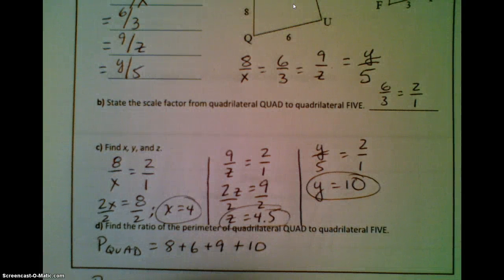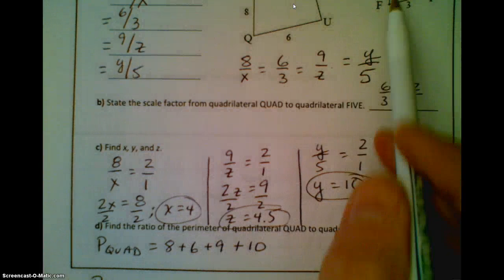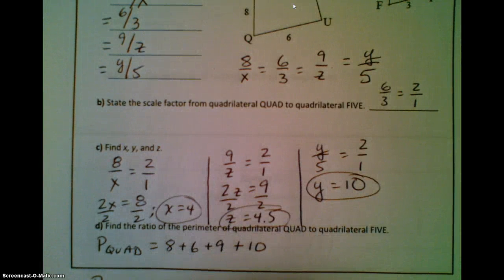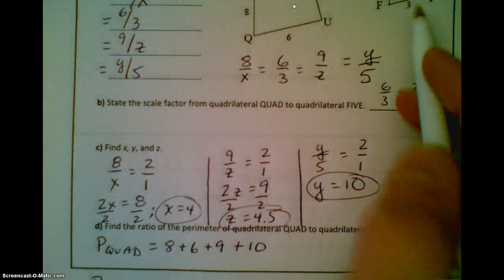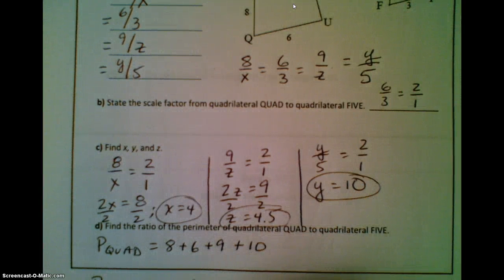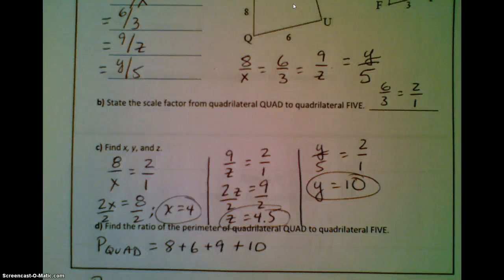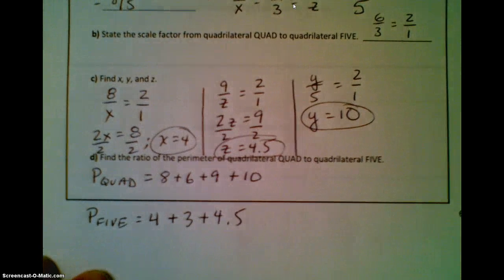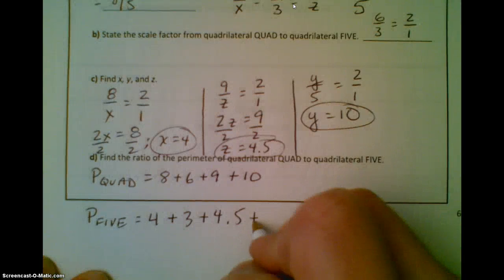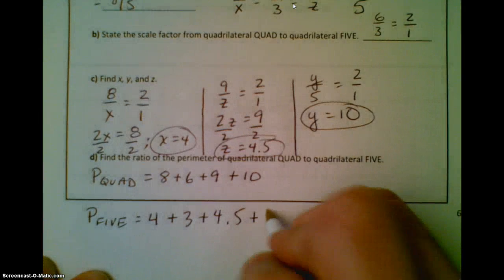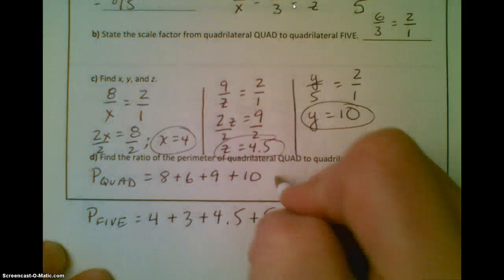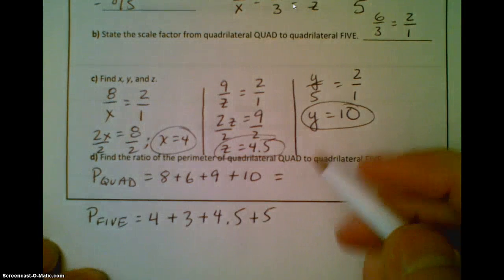The perimeter of FIVE is going to be, let's see, we have x, which was 4, plus 3 plus z, which I found out was 4.5. Let me slide that up so you can see it. And the last side was 5.